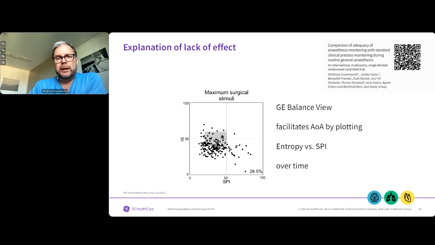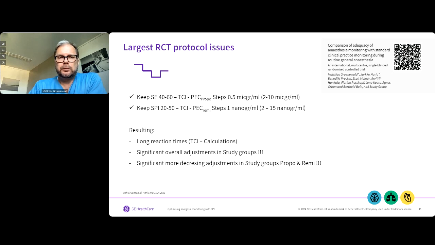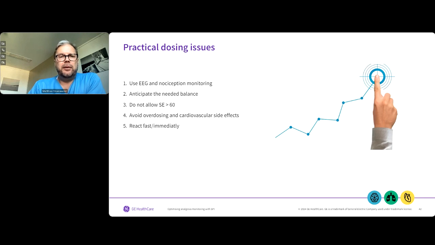So at the end, we had to admit that in our study, we could not be in the target zone often enough. And we had long reaction times, and that probably avoided those effects in the multi-center trial. However, we also saw positive effects.